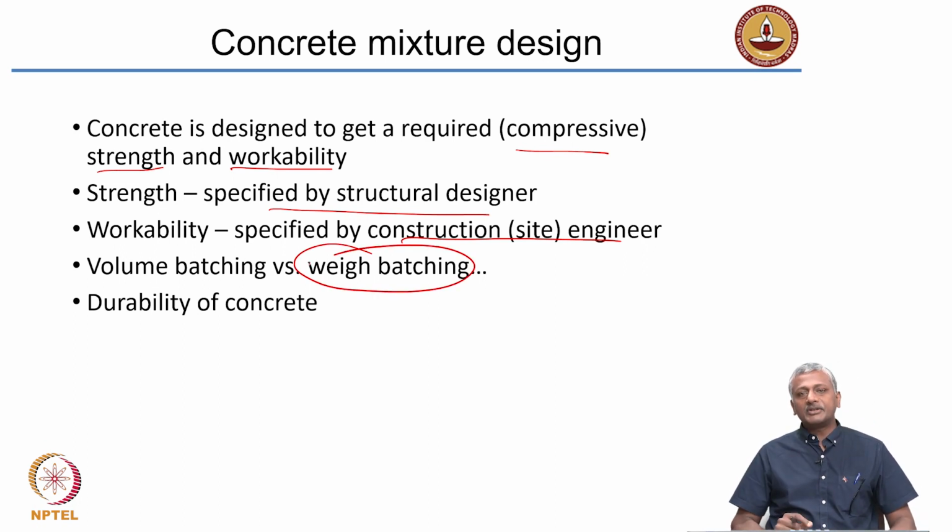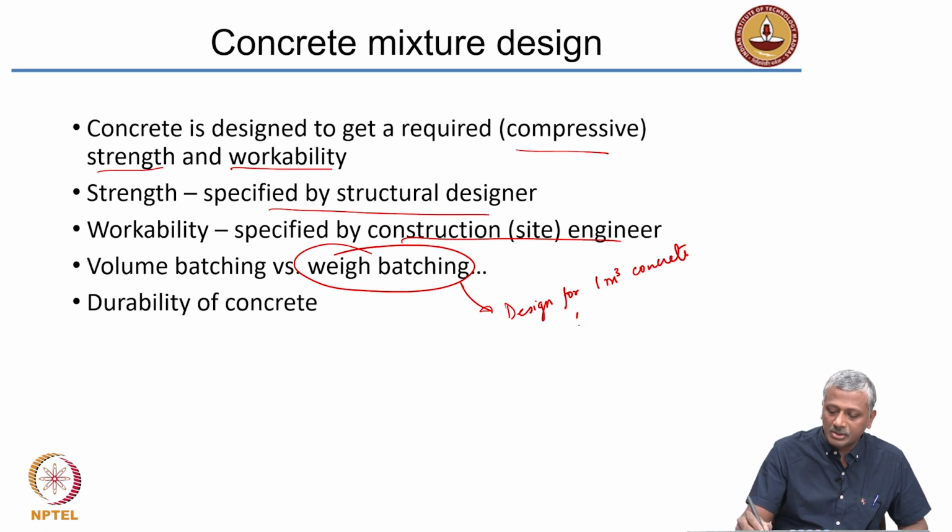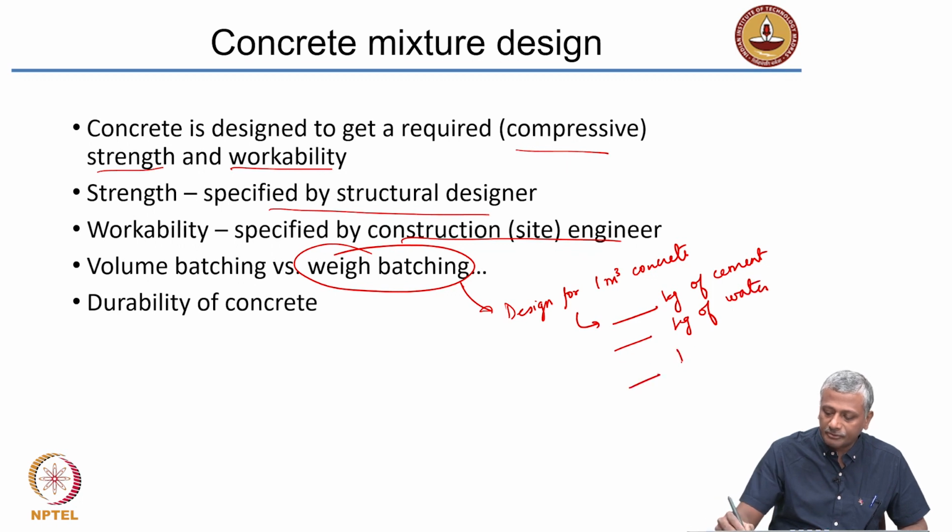That means you exactly measure the quantities of the ingredients by weight, and typically we do the design for a certain volume of concrete, let us say cubic meter of concrete, and we say it needs to have so many kilograms of cement, so many kg of water, so many kg of sand, and so many kg of aggregate.